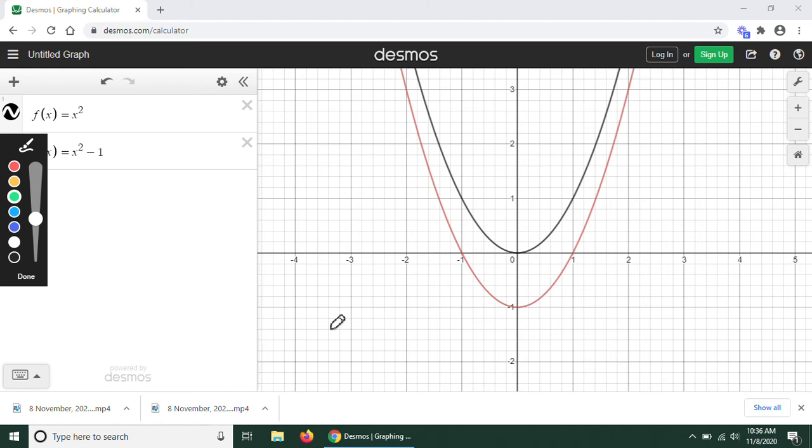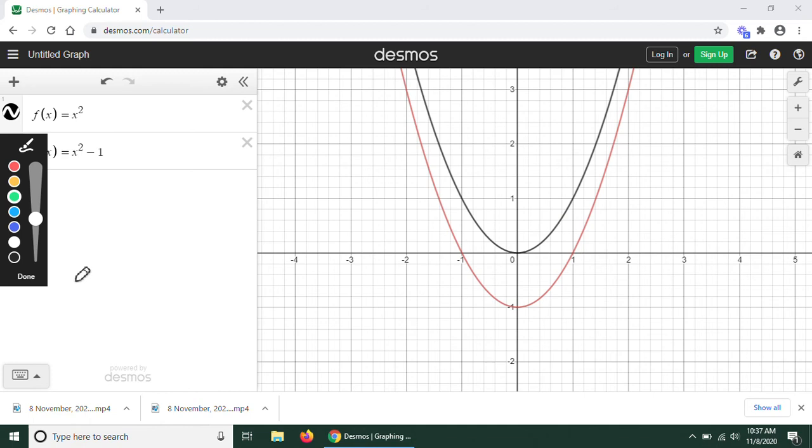Okay, now you can look at this new function and know what changes were made to the graph of the original function, and this is the graph of the original function.